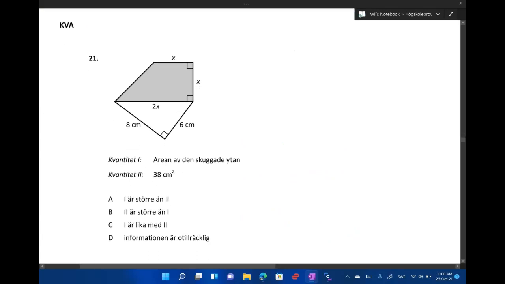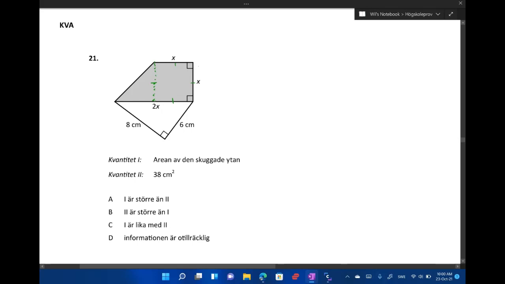Question 21 says the area of the shaded surface is quantity 1, and quantity 2 is 38 centimeters squared. You should notice up here that if you were to draw an imaginary line here, now you have a square.